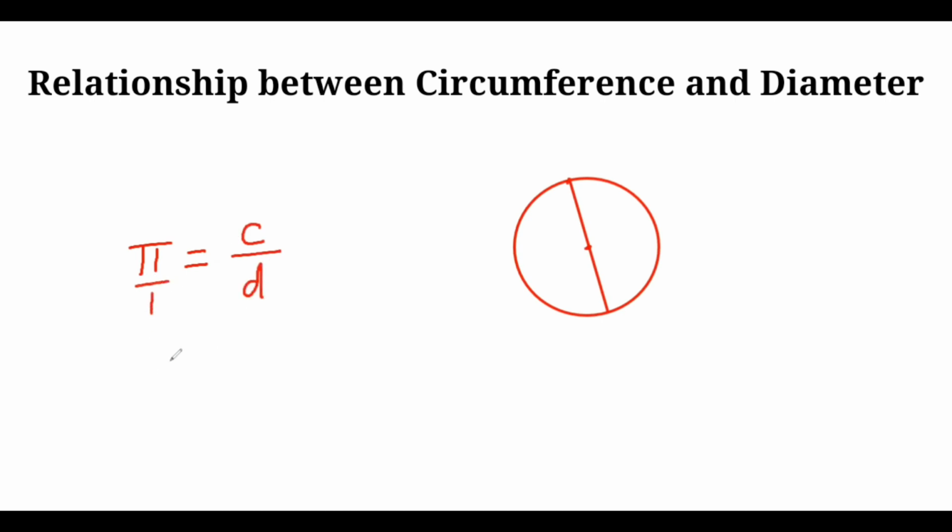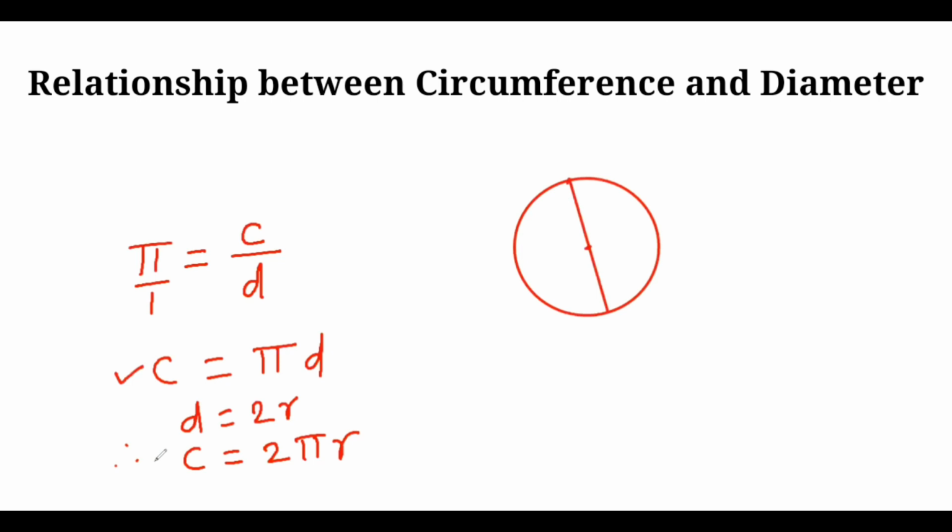After cross multiplying, we get C is equal to pi into D, means pi D. C is equal to pi D. Now we know that D is equal to 2 into R. So we put in the value, and we get C is equal to 2 pi R. These are the two formulas for us.